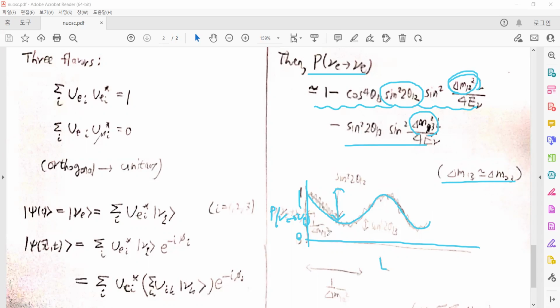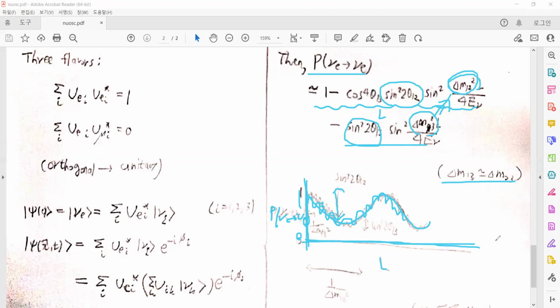But from the second term, there will be very fast oscillation behavior, because delta m squared 31 is extremely bigger than delta m squared 21, so it makes a very strong oscillation. And sin squared 2 theta 1 3 is smaller than sin squared 2 theta 1 2, so its amplitude is very small.